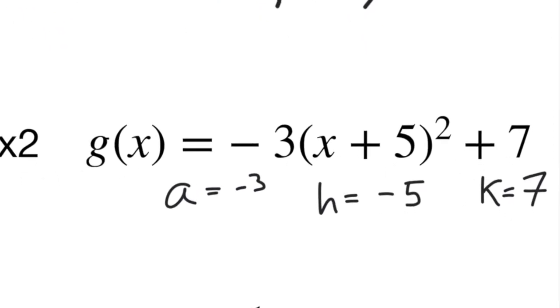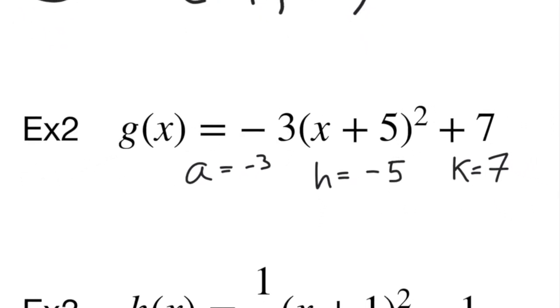Identifying the a, h, and k values, out front we've got an a value of negative 3. Inside, we've got an h value of, careful, negative 5, because the formula expects x minus h.